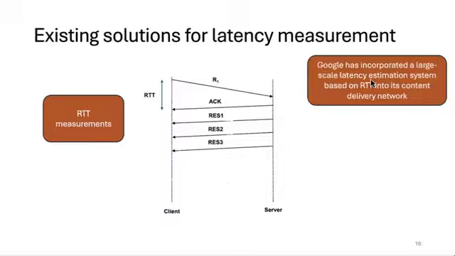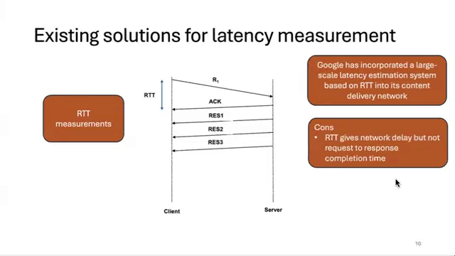Google has incorporated a large-scale latency estimation system based on RTT into its content delivery network. But the main disadvantage of this technique is that it figures out the network delay, but not the application response latency.